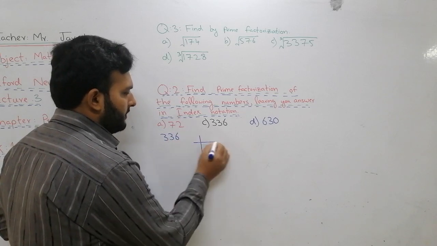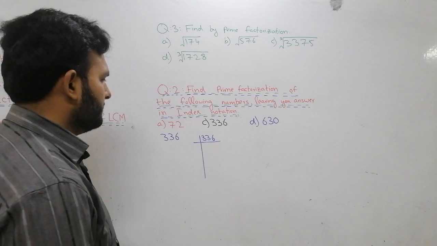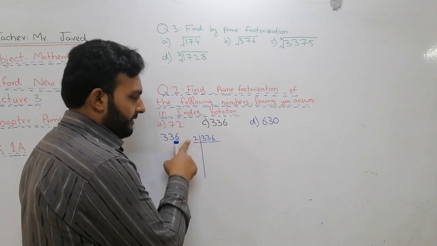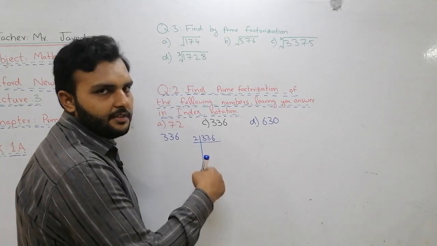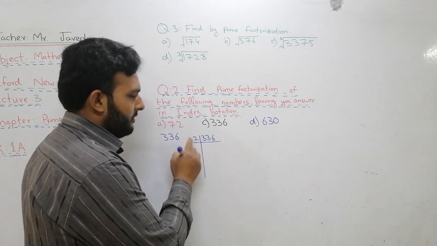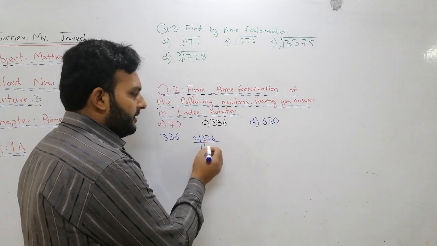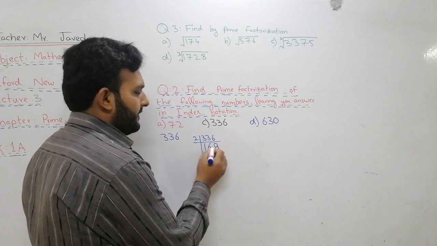Okay, we will solve 336. Okay students, first, can we divide by 2? Think in your mind. We will see the last digit is 6, so it will be divisible by 2. 2 ones are 2 and 1 remains here, it becomes 13. 2 sixes are 12, 1 remains here, 2 eights are 16.